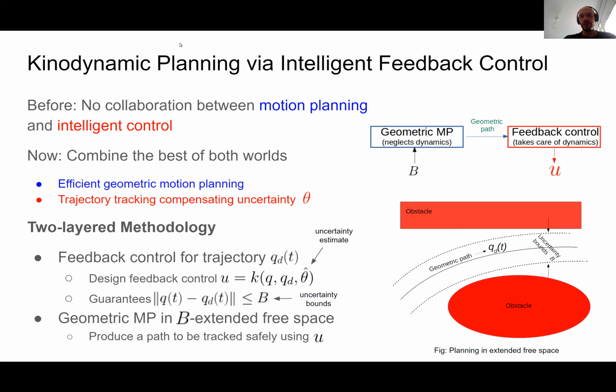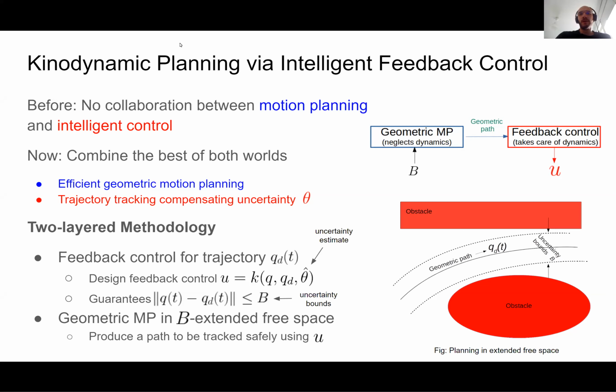So we actually design a controller u as a closed form function of the state, the desired trajectory, and an estimate of the uncertainty. And we are able to prove that the system will evolve around this trajectory within a funnel whose size depends on the uncertainty bounds. It's denoted by this constant B.